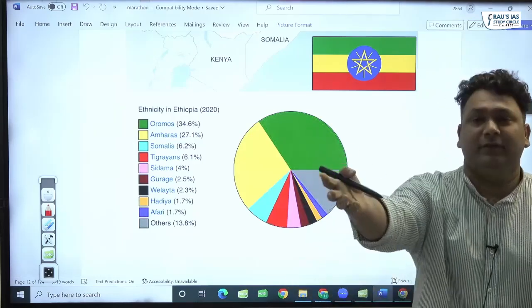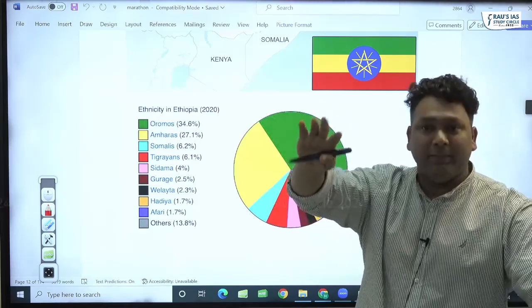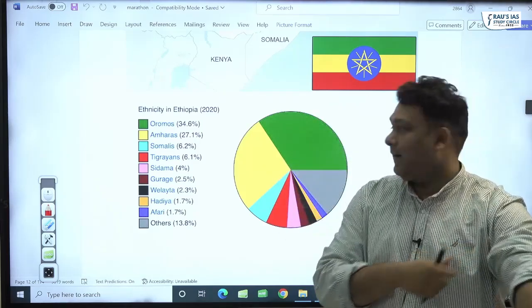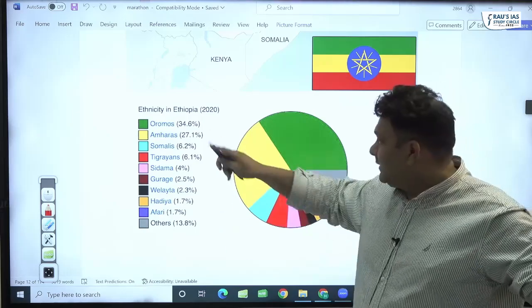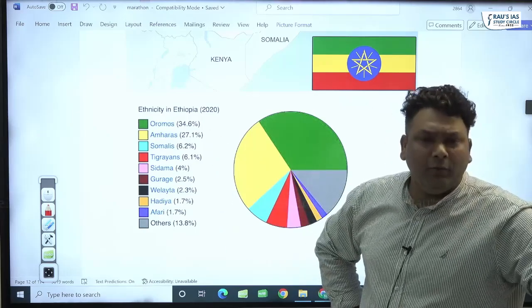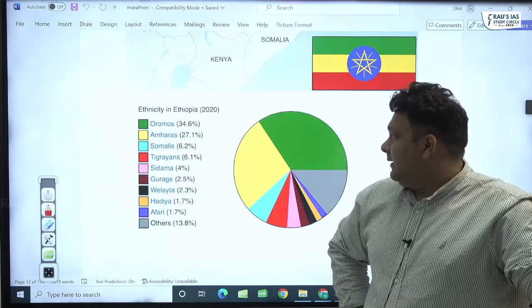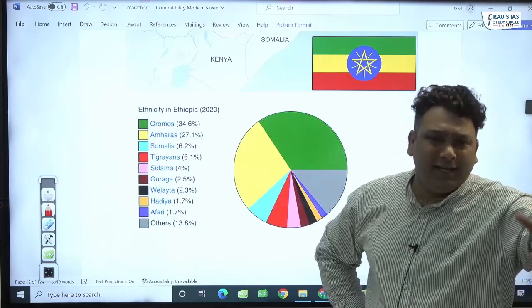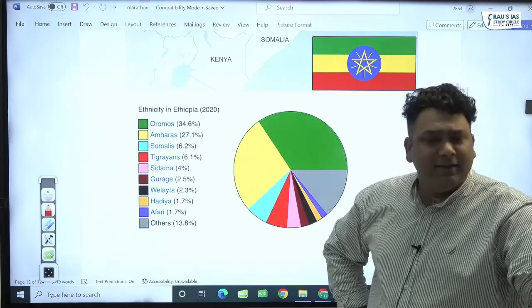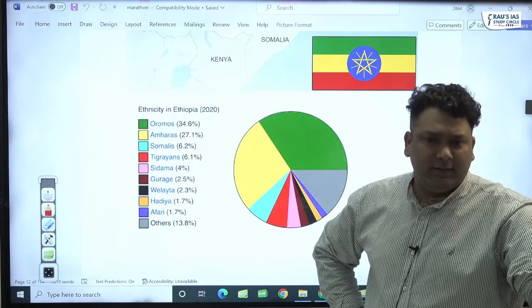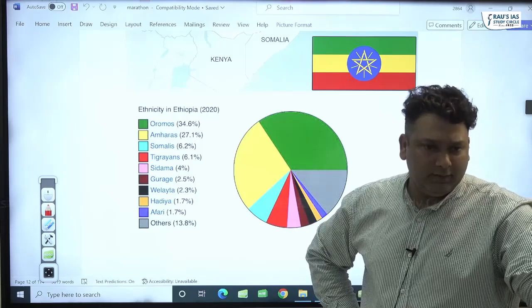Sorry, Prime Minister, head of the government, Prime Minister. Second largest is Amhara, around 27%. Third, you can put Tigray, no problem, 6.2%. Third is Tigray. We'll not be discussing Somalis.